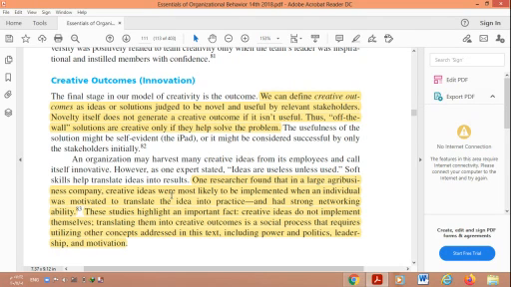Translating them into creative outcomes is a social process that requires utilizing other concepts addressed in this text, including power, politics, leadership, and motivation.